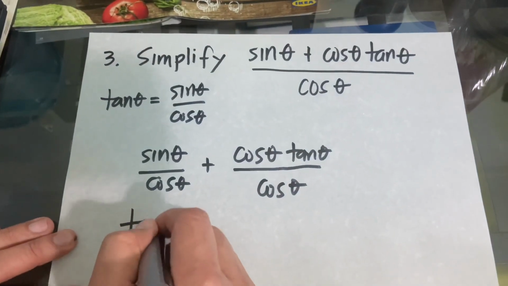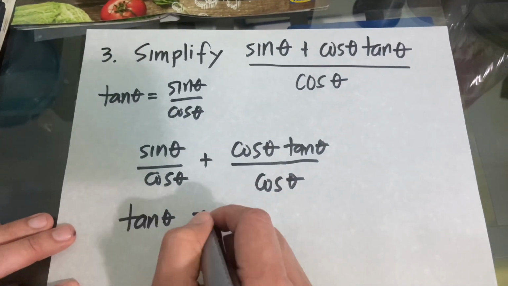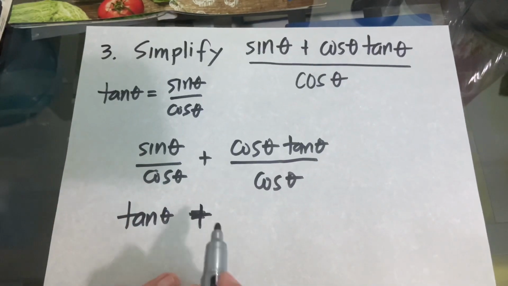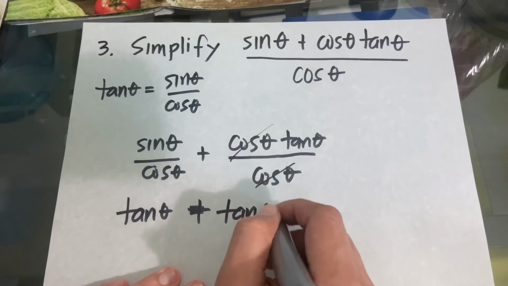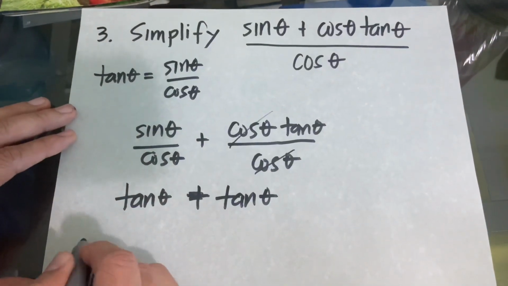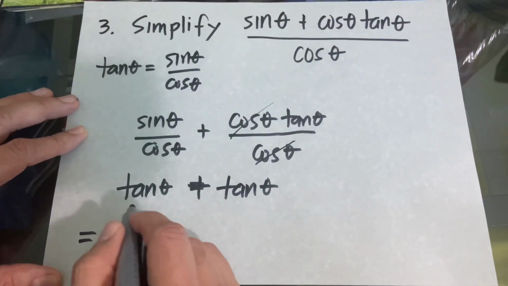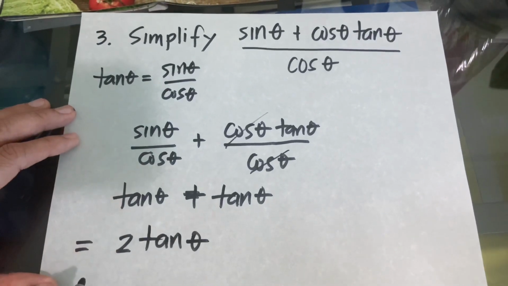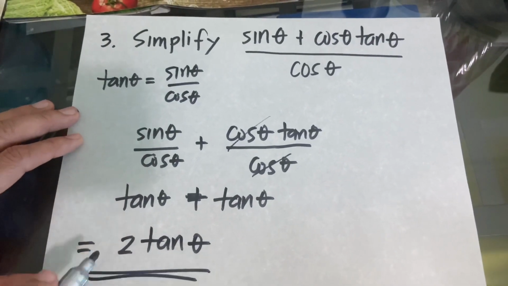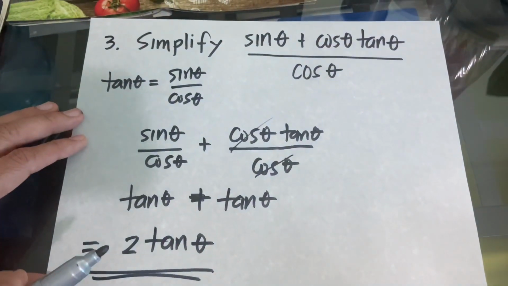So tangent theta plus. Now this one is cosine, and the cosine here will cancel. You have tangent theta. So therefore, this will now be 2 tangent theta plus tangent theta, which is equal to 2 tangent theta. So this is our answer for this problem. Okay?